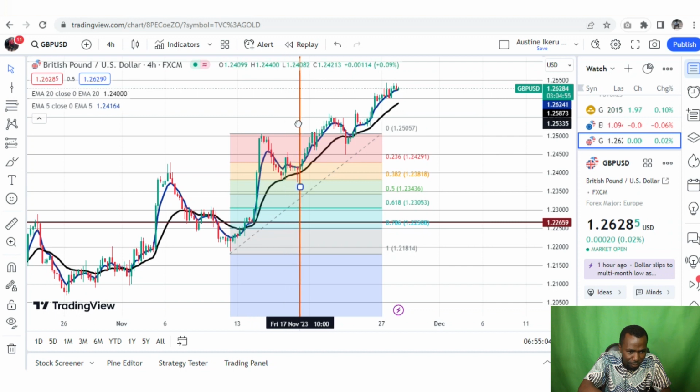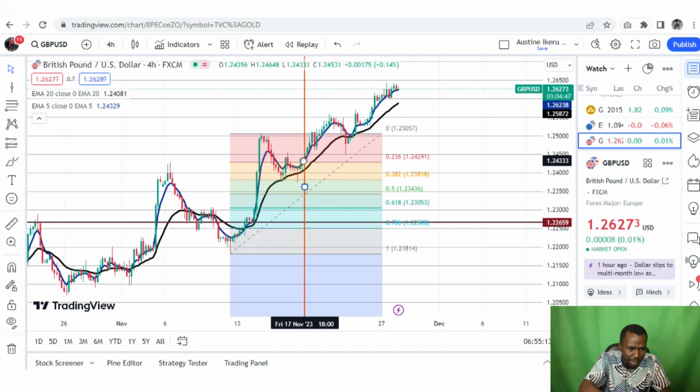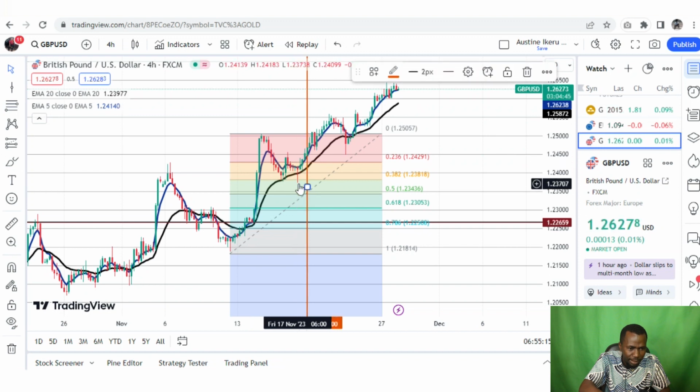I think this is the level where we are looking at, because the price came all the way to this point, right? Then couldn't break below it, went up, then came down to this point, right? And then broke it a little, then went up.